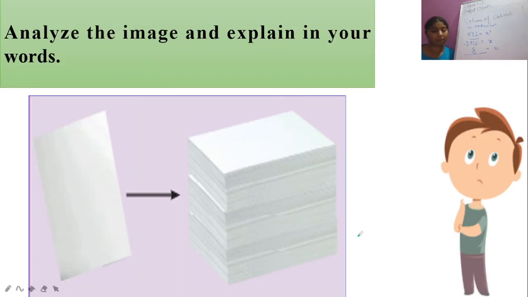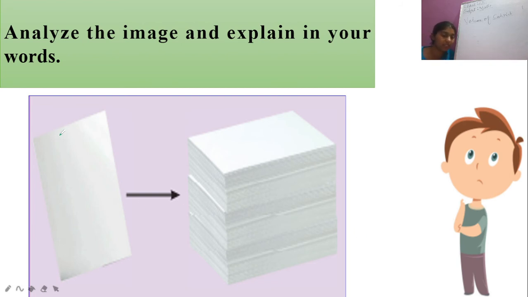Okay students, now there is one more image in front of you. You have to analyze this image, why we are showing you this image, and explain it in your words. You can write down your answer in the comment box to tell what is happening in this image. Yes, very good.